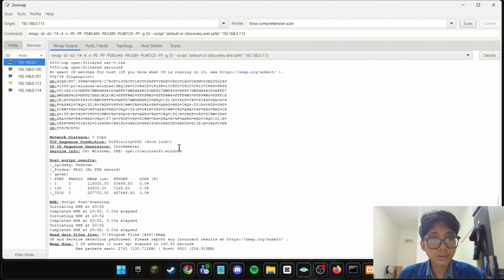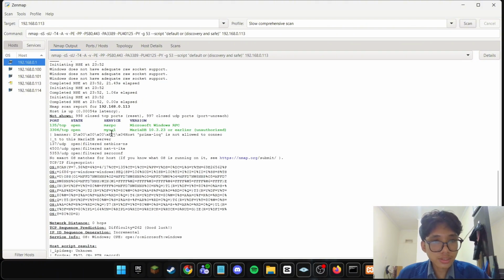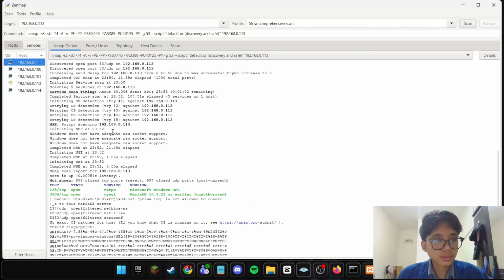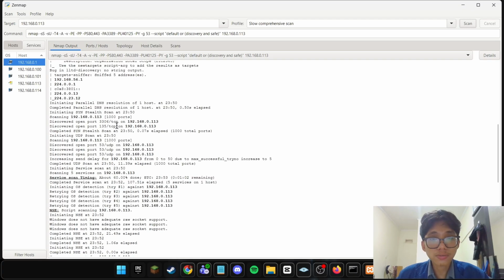This is the most detailed scan, combining TCP scanning, UDP scanning, service detection, and scripting. From this scan, I observed additional information such as filtered UDP ports and service responses.